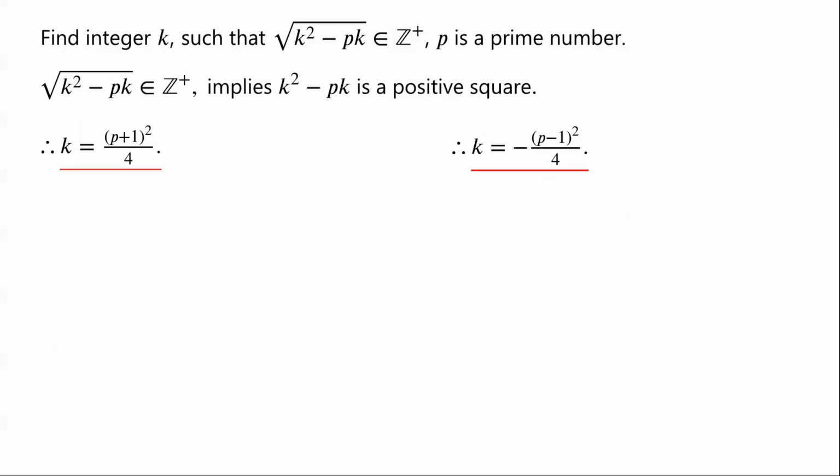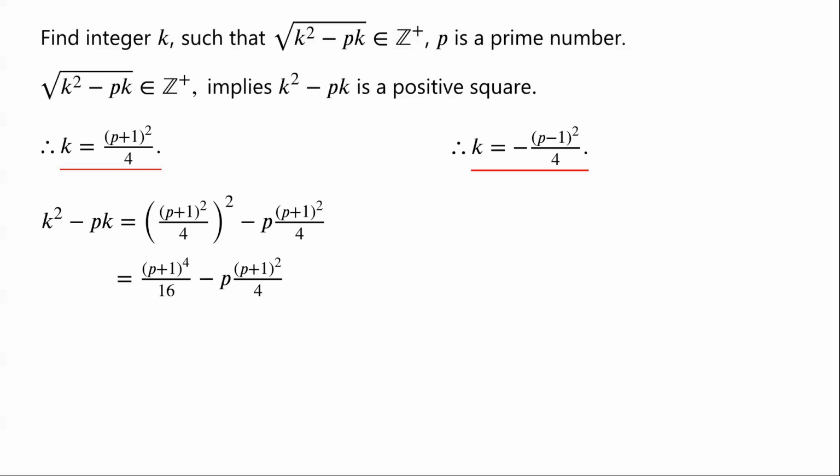It is easy to check that, when k equals (p plus 1) all squared over 4, k squared minus pk equals ((p plus 1) all squared over 4) all squared, minus p times (p plus 1) all squared over 4. ((p plus 1) all squared over 4) all squared is equal to (p plus 1) to the power of 4, over 16.